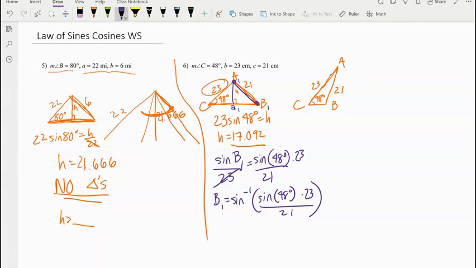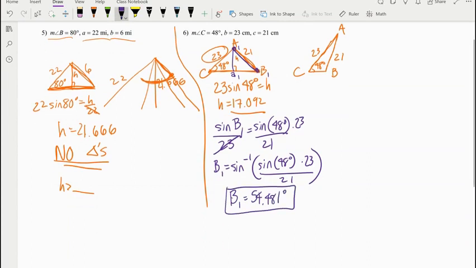I plug that into my calculator: sine inverse of sine of 48 times 23 divided by 21. That's 54.481 degrees.